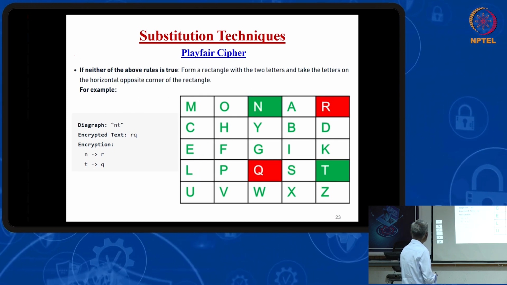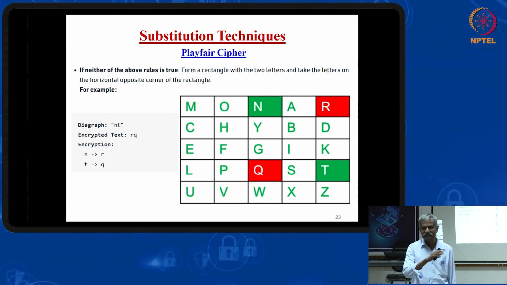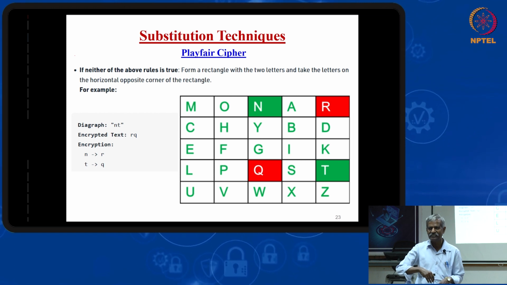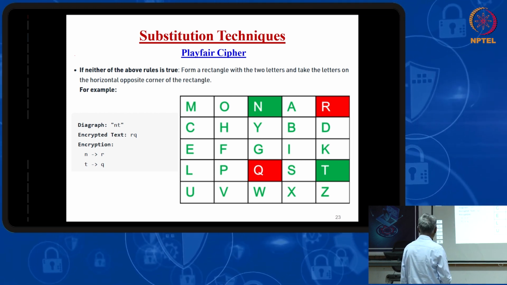Next, if they are not in the same row or same column, then you have to look horizontally and vertically and do the encryption like this. For example, NT is coming.